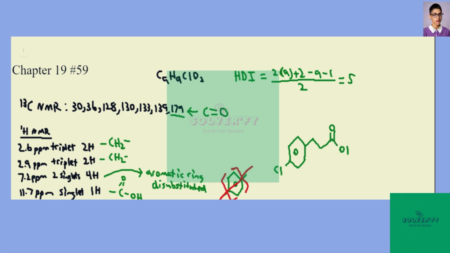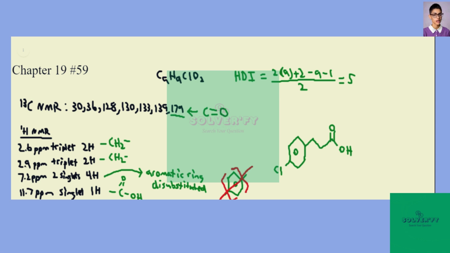And we know that it has to be this sort of structure because the two methylene groups are splitting one another. So it can't be one on one side of the ring and the other on the other. They have to be connected to one another. And there's no other connectivity here that's going to fit with the data that we've been given. So this is the right answer as I've drawn it here.